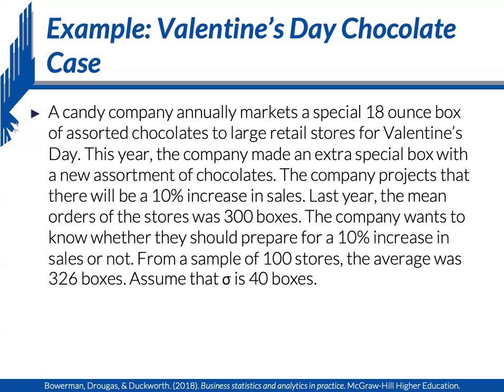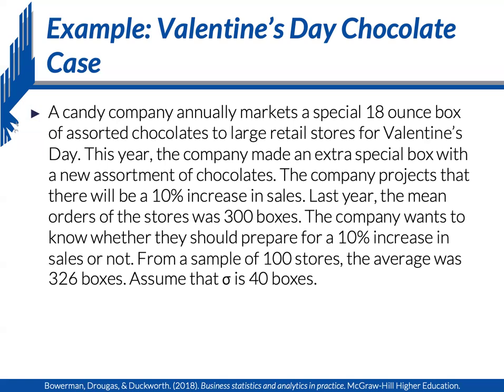Now, as we have seen earlier, the equality sign is always placed in the null hypothesis because that is the convention. And therefore, in this particular example, we will also make sure that the null hypothesis contains the equality sign. Compared to the previous two examples, in this case we do not really want to know if the average should be less than or greater than 330 boxes.